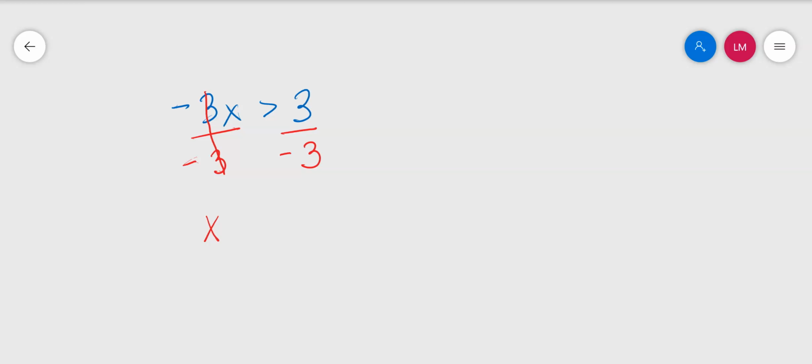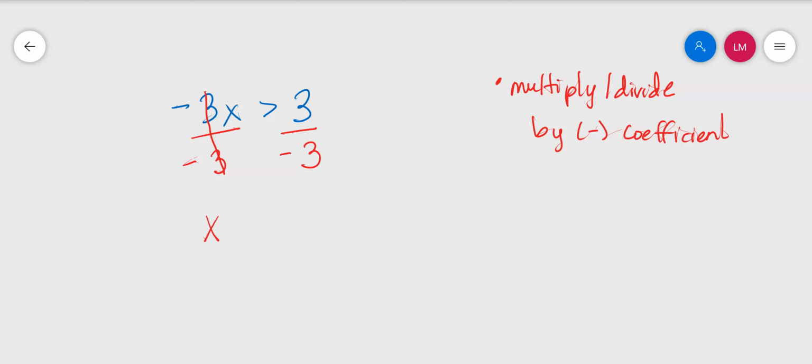X is by itself. Now remember, and I'm going to put a little note, if you ever multiply or divide by a negative coefficient, you have to flip the inequality symbol.